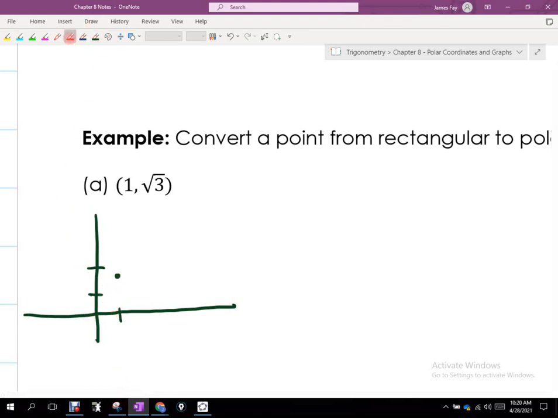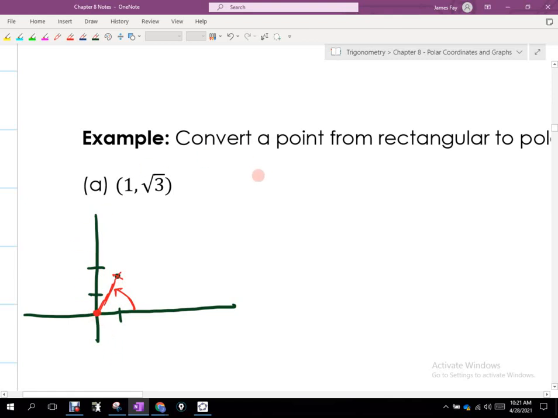Now the question is, how do I get to that point by traveling at that angle and then using that distance? If I were standing right here, facing the positive x-axis, the question is, how many degrees or radians do I have to rotate my body so now I'm aligned with this red ray? And then how far do I have to move my body to where I can stop right there on top of that point?